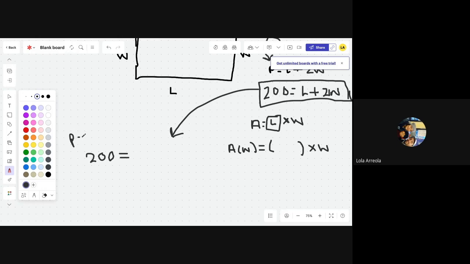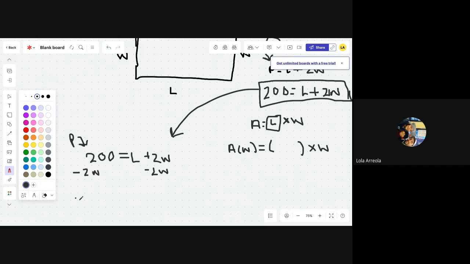This is my perimeter equation, which is length plus 2W. I'm going to use this equation and solve for L. That way, once I solve for L, I'll be able to plug that into here. Let me just do it, and then you'll see why we do it. So I have minus 2W, minus 2W.